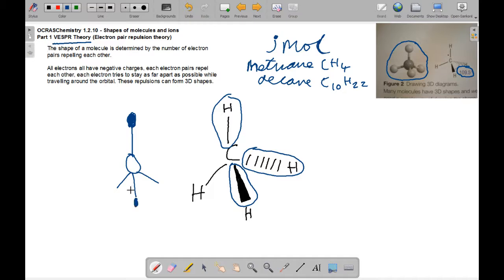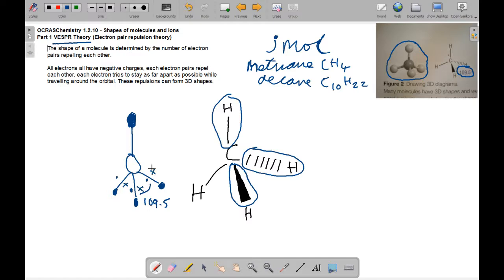So let me just draw these electron pairs repelling each other. So when you have these bonds like this, you have the bond angles that form when the like charges repel, and that's where you get 109.5 from.